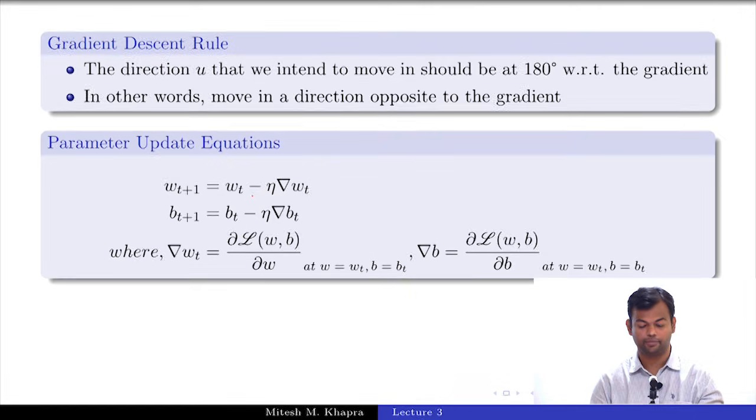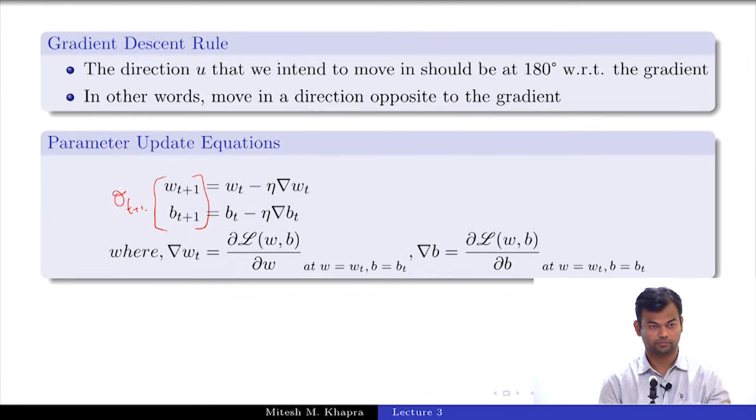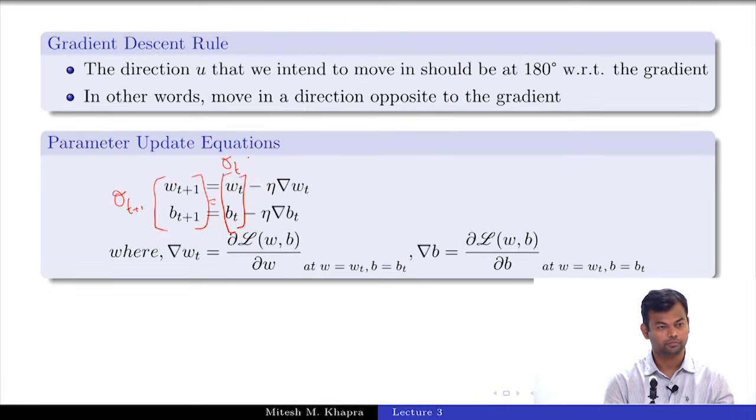Now with gradients I've come to scalars, but I'll just explain what I've written here. So this quantity is nothing but theta t plus 1, is equal to theta t, and what is this?